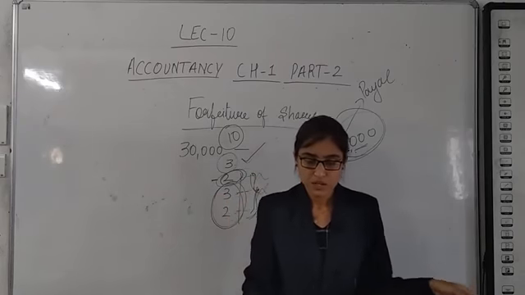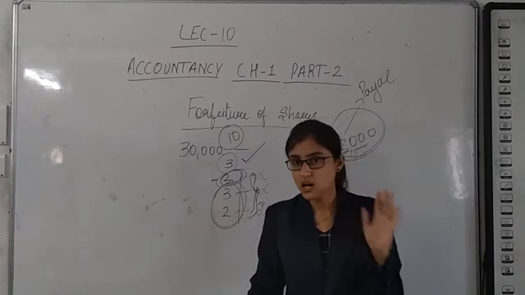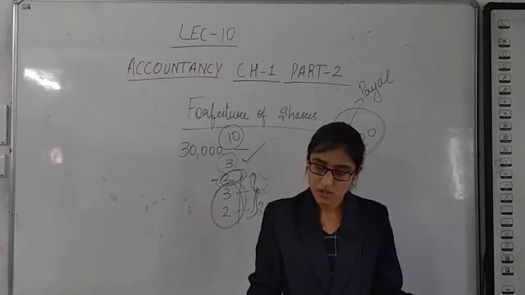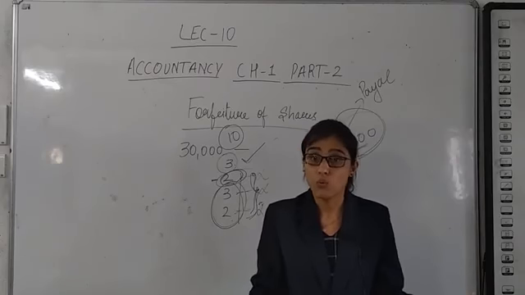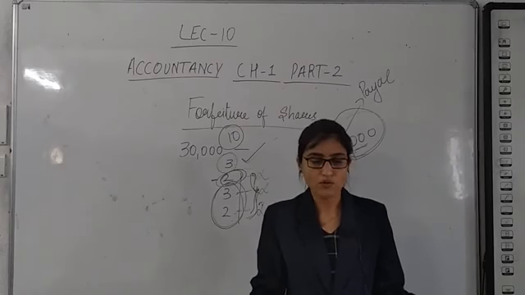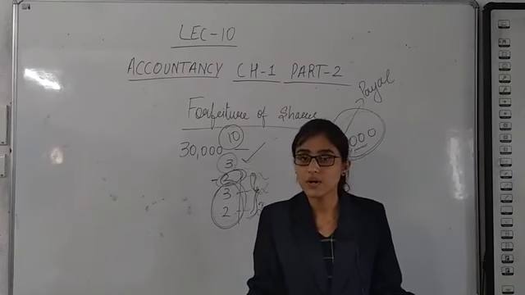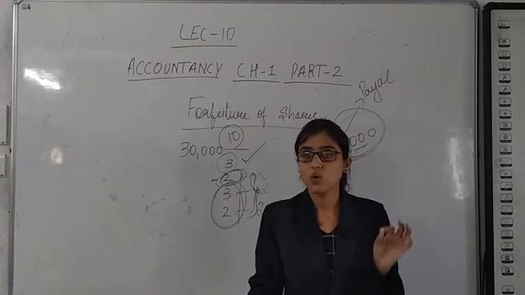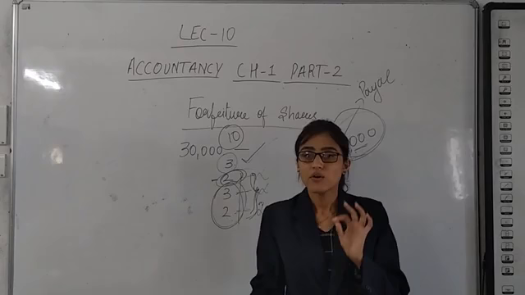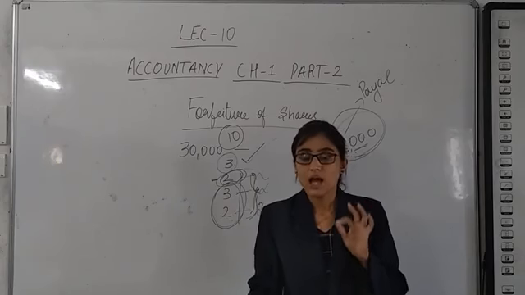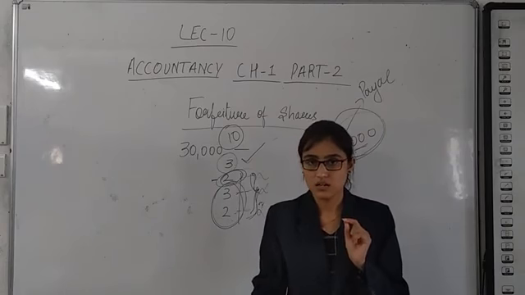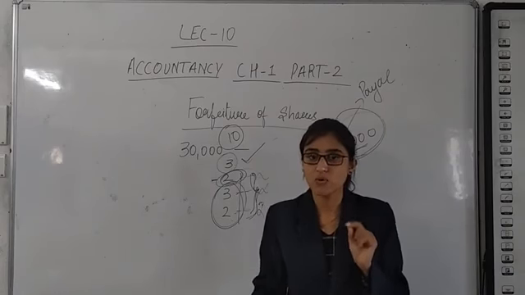The company has forfeited how many shares? 600 shares. Of whom? Govind. Why? For non-payment of final call of Rs 3 per share. Govind has not paid 3 rupees of final call. And Govind is having how many shares? 600. 600 shares have been forfeited by company.